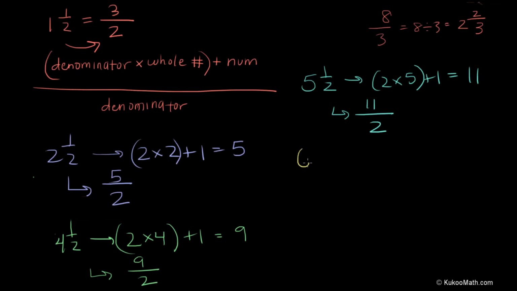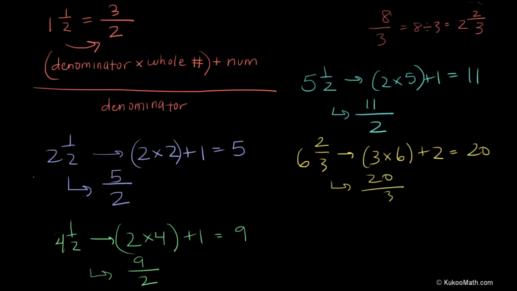Let's try 6 2/3. So we're going to multiply the denominator by 6, then add 2, which gets us, this is 18 right here, plus the 2 is 20. So now numerator is 20, denominator is still 3.